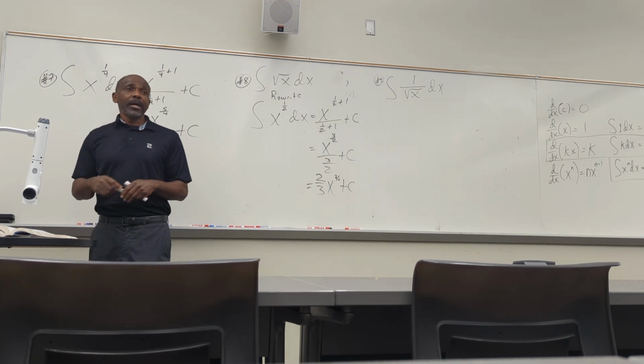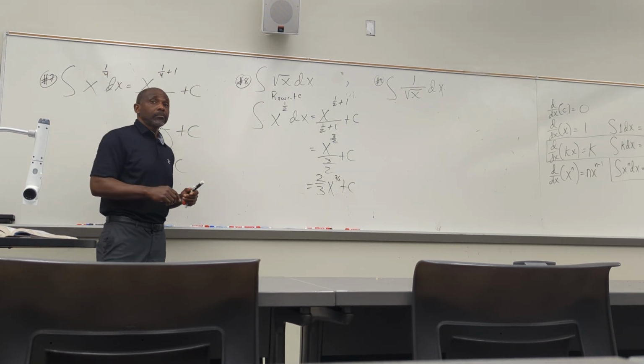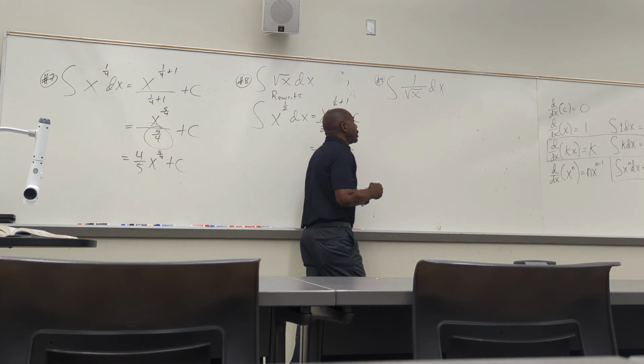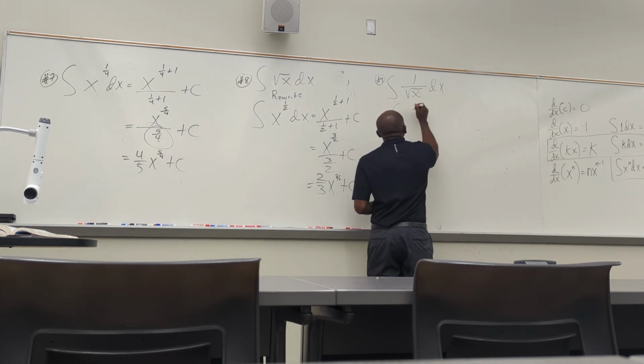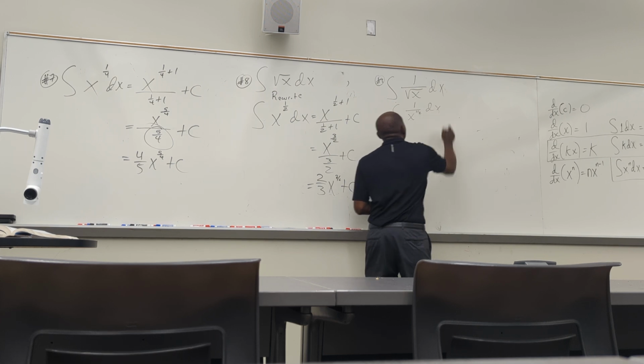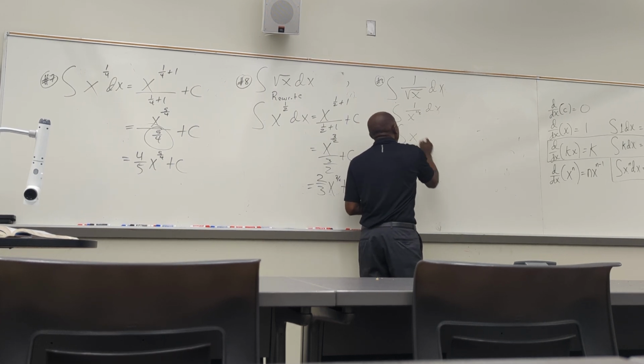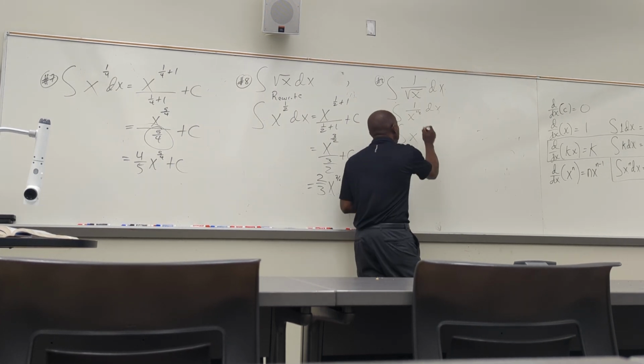This is the same as 1 all over x to the 1/2. But I need it in the top, so it becomes x to the negative 1/2.